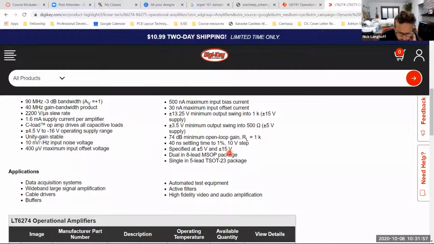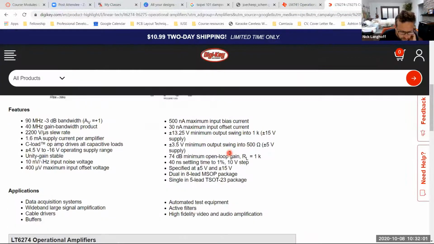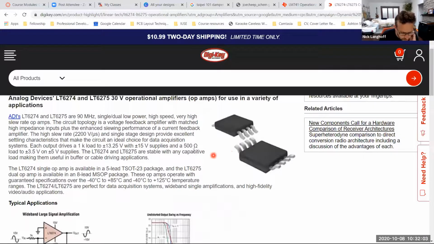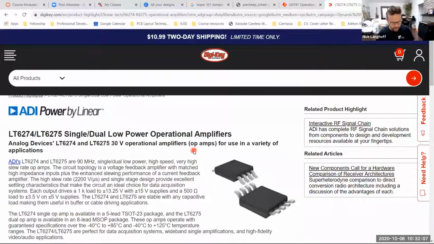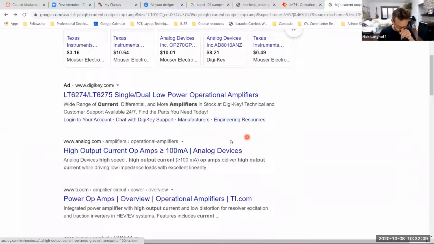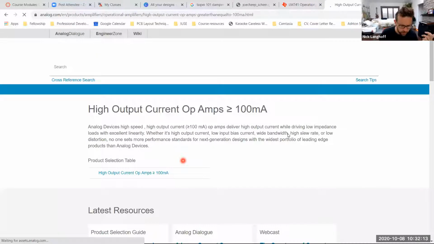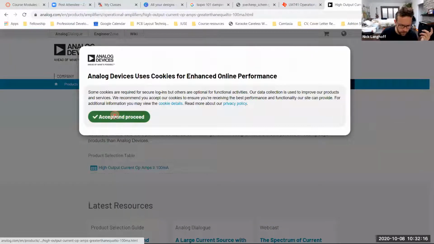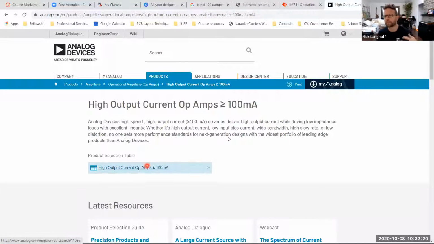It might be that it's not showing that spec clearly, and maybe I found the wrong part. But I think this is actually a low power one. Oh, here's over 100 milliamps, right? So here are some output currents, amplifiers that have currents over 100 milliamps.